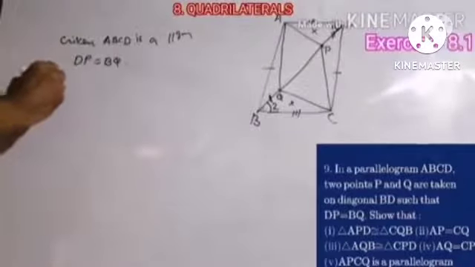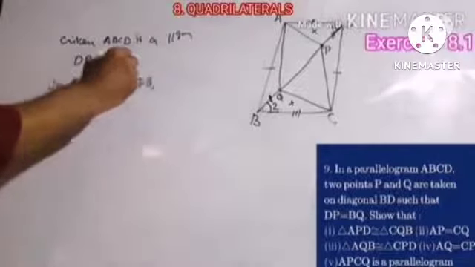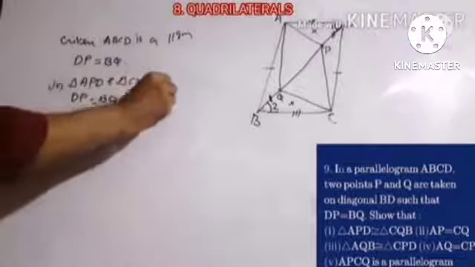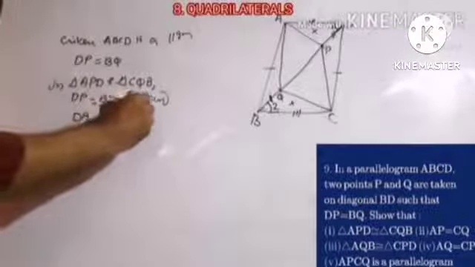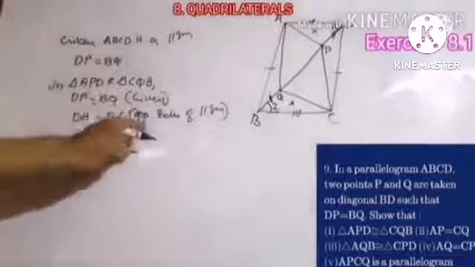So consider those triangles. In triangle APD and triangle CQB, first, DP equal to BQ. That is given in the question. Then DA equal to BC, because they are the opposite sides of a parallelogram. Opposite sides of parallelogram are equal. We know that, so just write opposite sides of parallelogram.